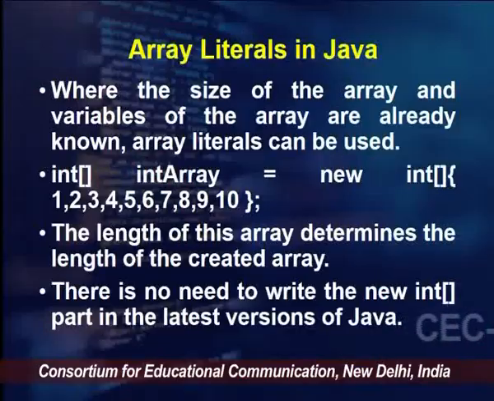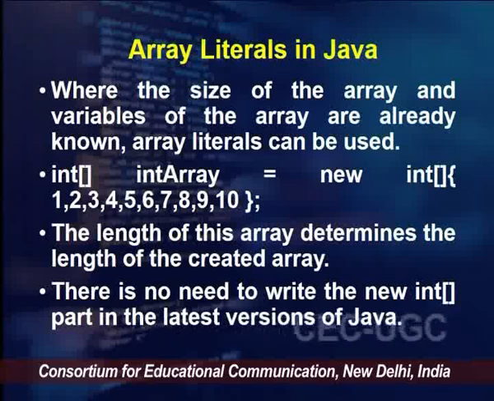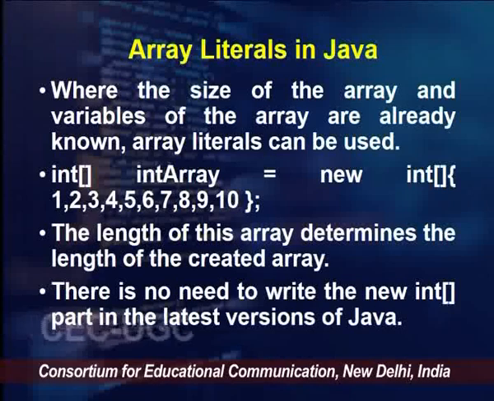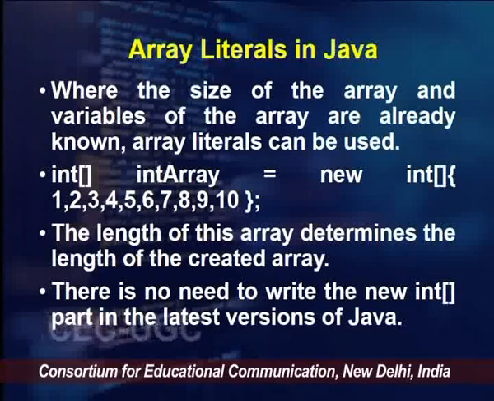The size is going to be 10 because you have stated the elements 1 2 3 4 till 10. So an array of type integer and size 10 will be created, and within the elements of that array, the elements 1 2 3 4 5 6 till 10 will be stored.